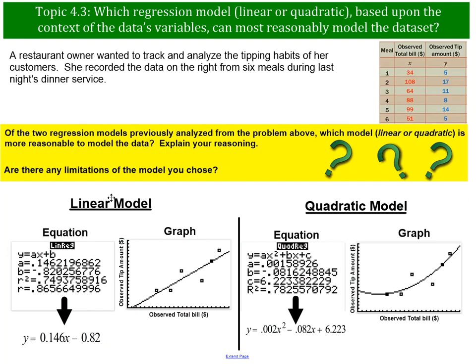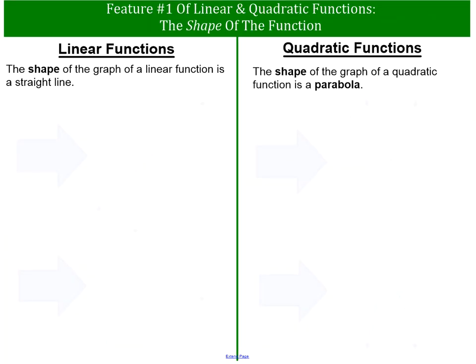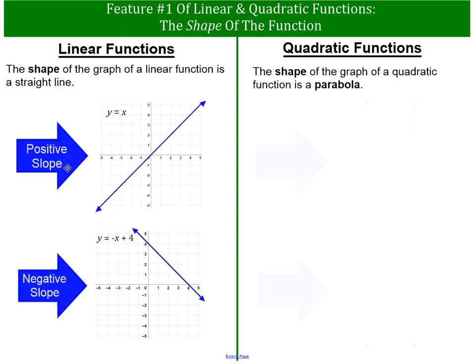First, let's take a look at some features of linear and quadratic functions that you could use to match in a description. The first feature is the shape of the function. A linear function's shape is a straight line. It has a positive slope or a negative slope, and that means as the independent variable increases, the dependent variable is increasing or decreasing at a constant rate.